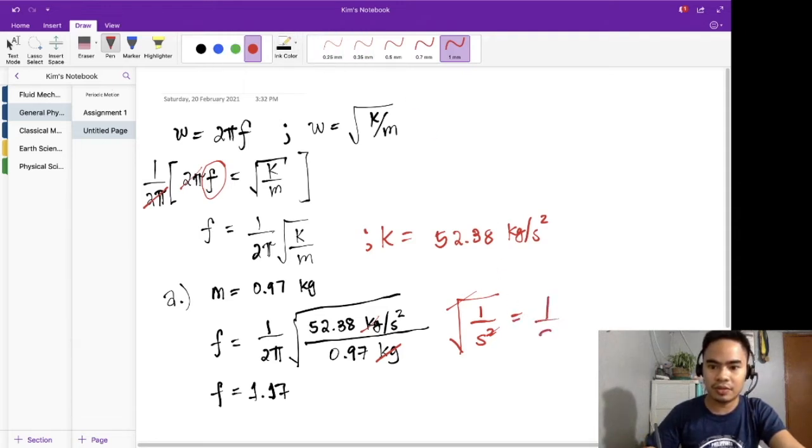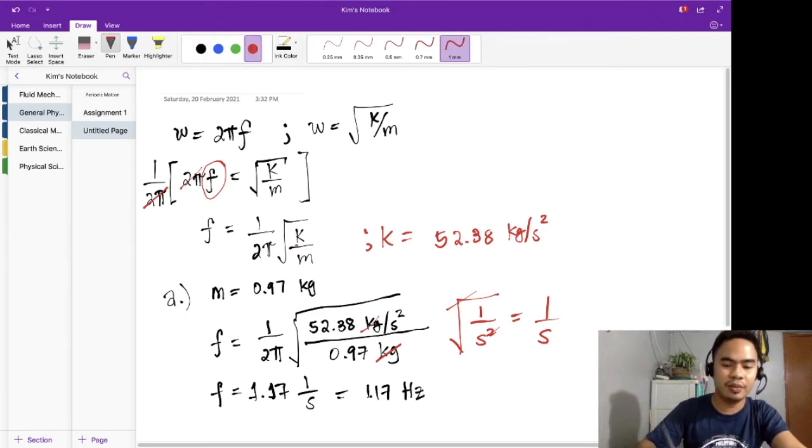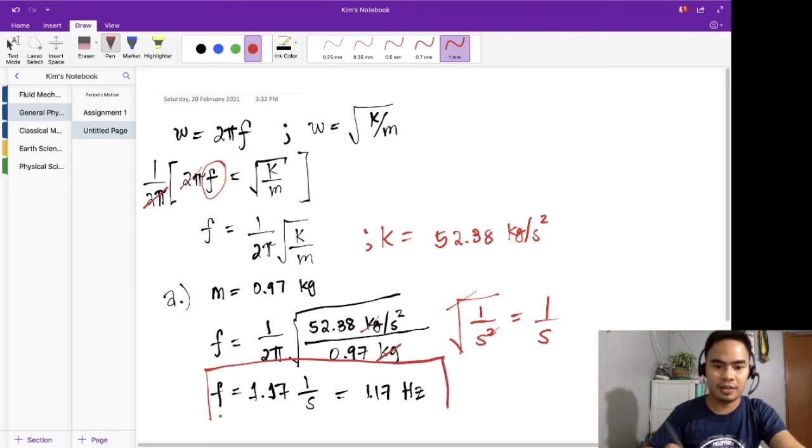So you have 1 over second, which we know to be hertz, right? So that means it's 1.17 hertz. This time you are sure that at least you are dealing with the correct variable since you arrive at a correct unit for frequency, which should be in hertz.